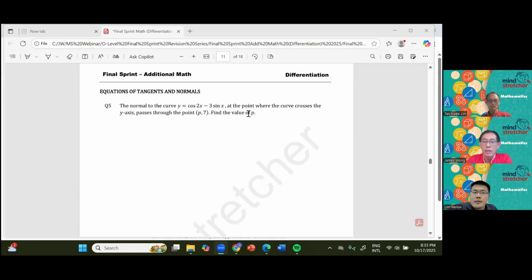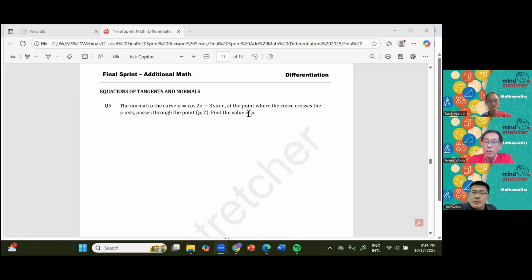Now you will see that there are many different variations to a question involving tangent and normal. Not necessarily will they simply ask you for the tangent or the normal. The question can be presented in different ways. In this particular question, they didn't exactly ask you to find the equation of the tangent or the equation of the normal.